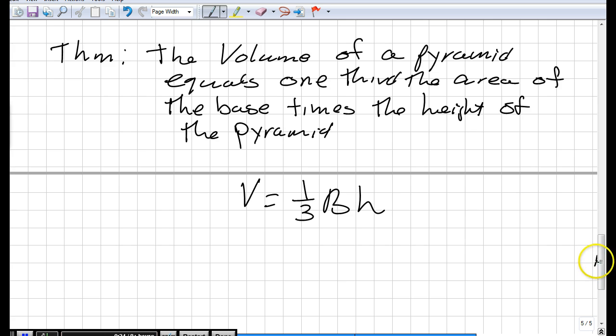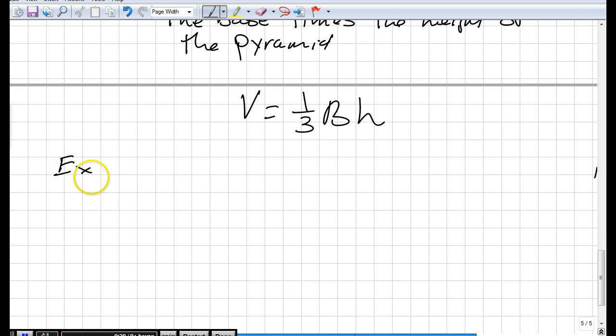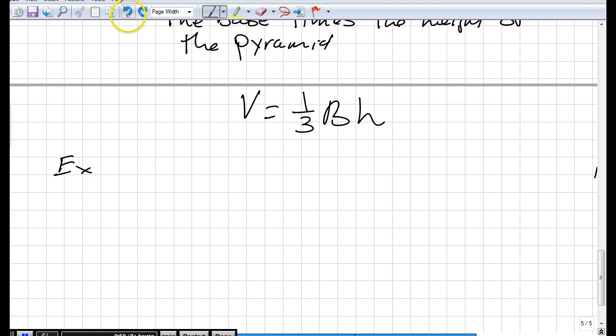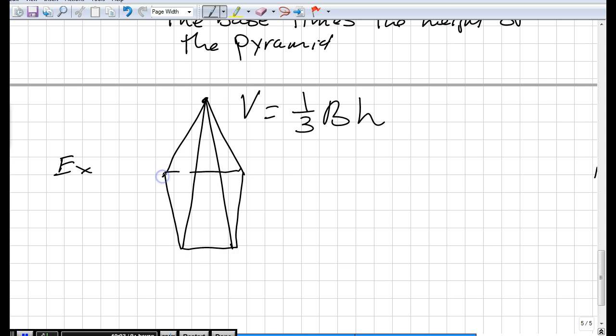So let's look at an example. This base is supposed to be a square, even though it doesn't look like it.